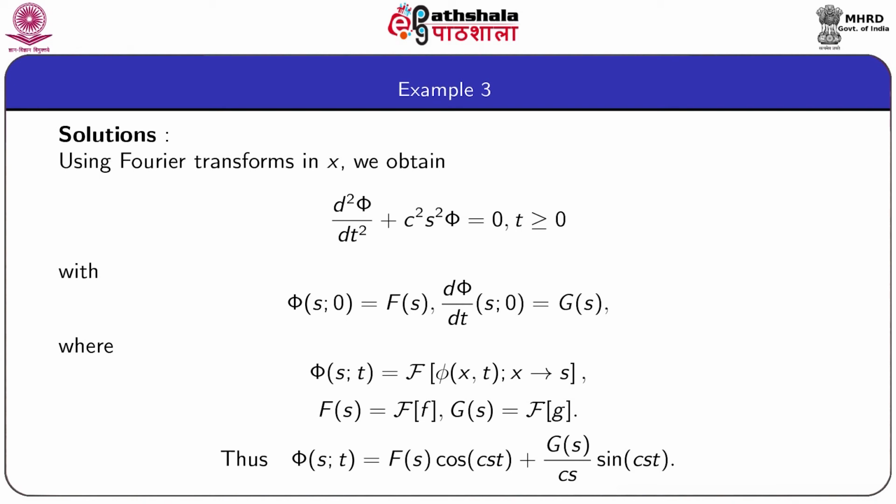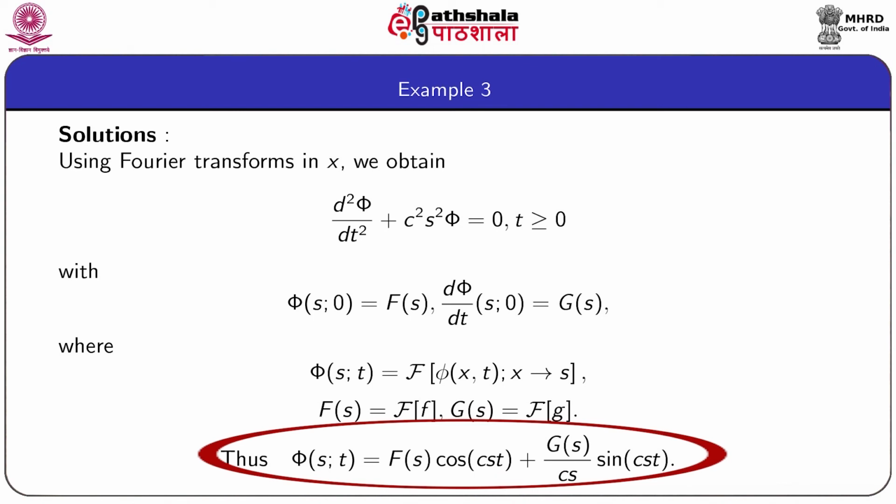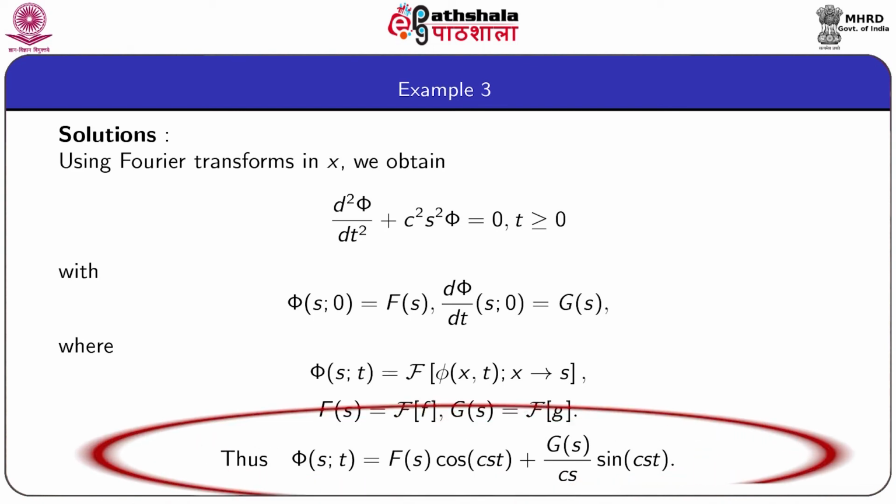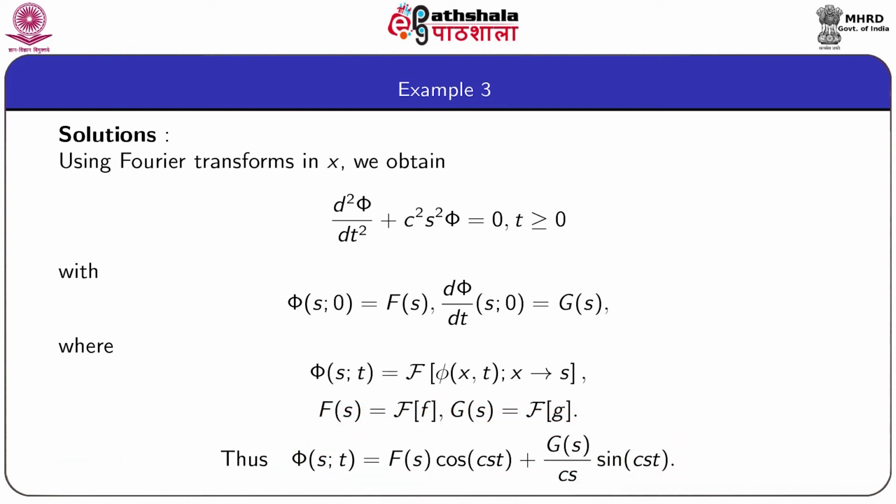Thus, if we solve this ordinary differential equation for capital Phi, after using these initial conditions, we obtain capital Phi(s,t) equal to capital F(s) cos cst plus capital G(s) divided by cs into sin cst.